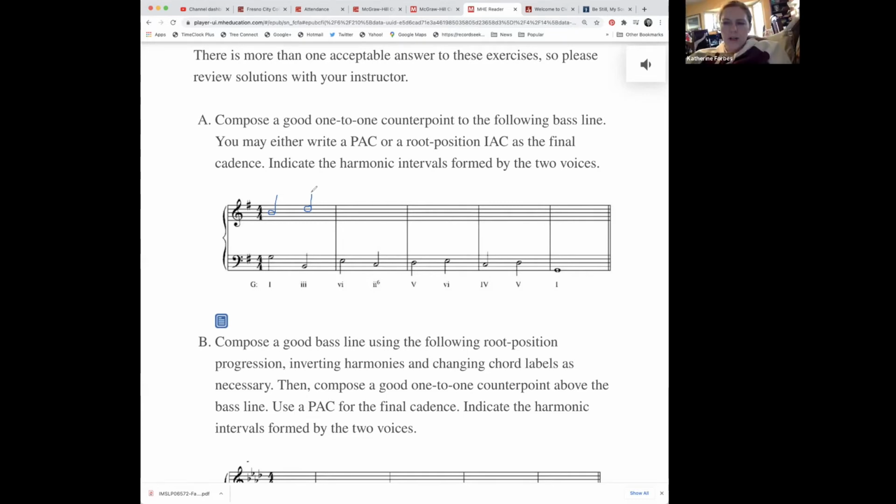Don't we have to be writing intervals in? Yeah, sure. Where do you want to go next? The basses went to the E, so we can't go to the E, or we're going to have a unison.